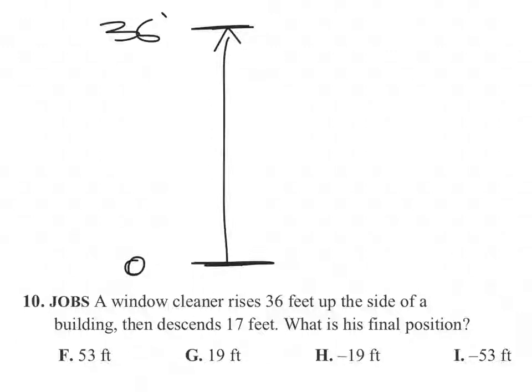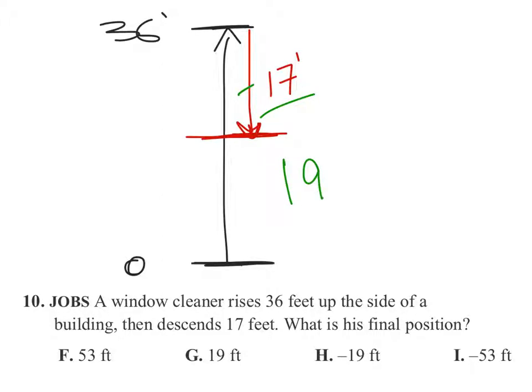And then they're going to descend 17 foot. I mean, if you wanted to make the full number line, you could. But then how far off the ground is this person? Well, it would be 36 minus the 17, which is 19 foot. So the answer on this one is G.